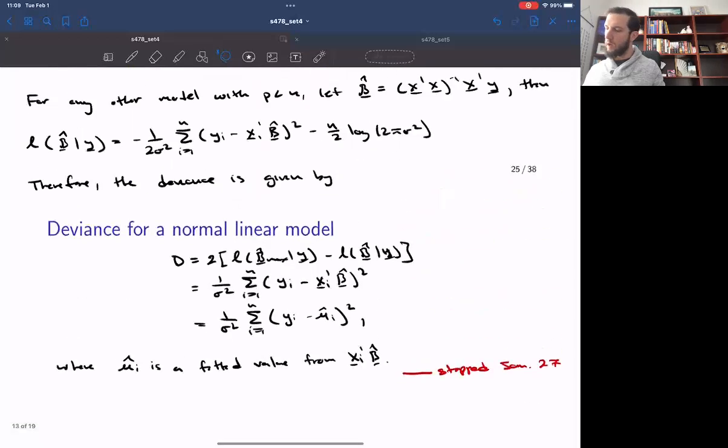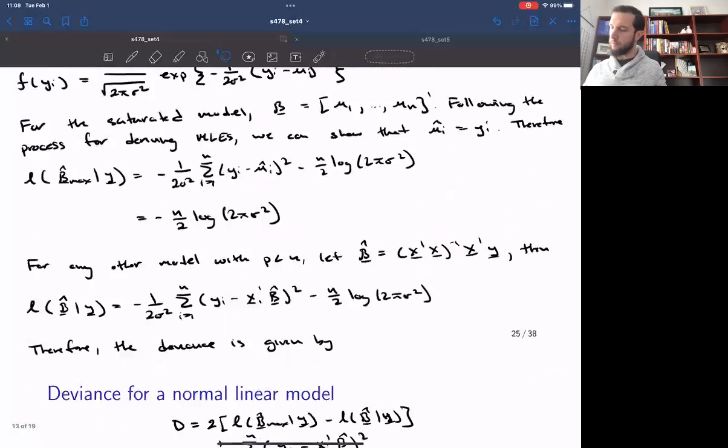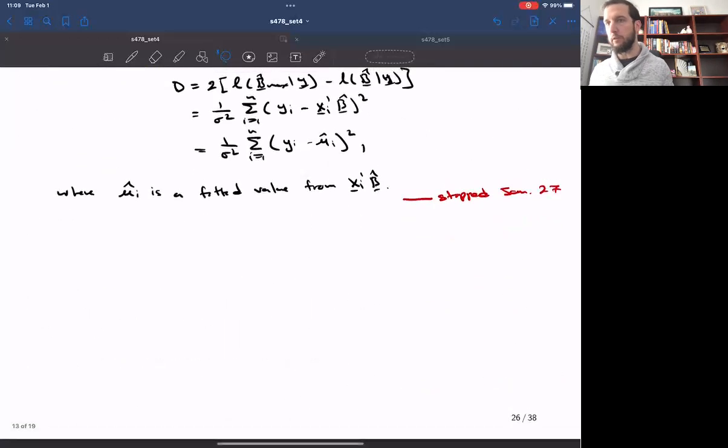All right, so we derived an expression for the deviance for the normal linear model. Again, this is basically the difference between the log likelihood of the maximal model and the log likelihood of the model of interest. And we can use the deviance to determine if there's evidence that we actually need this maximal model. Now, a few subnotes just related to this derivation. So we have the expression above.